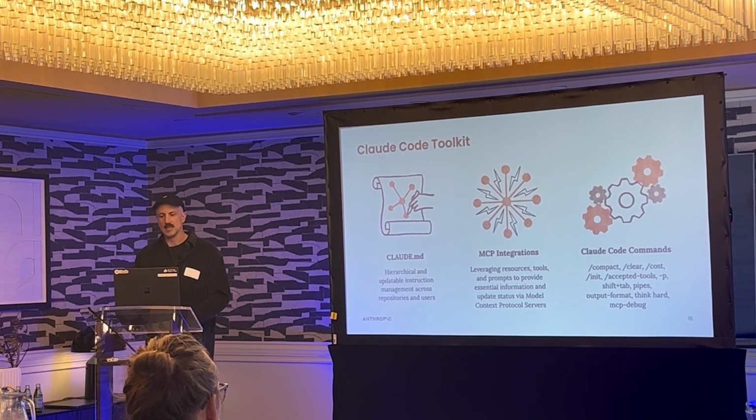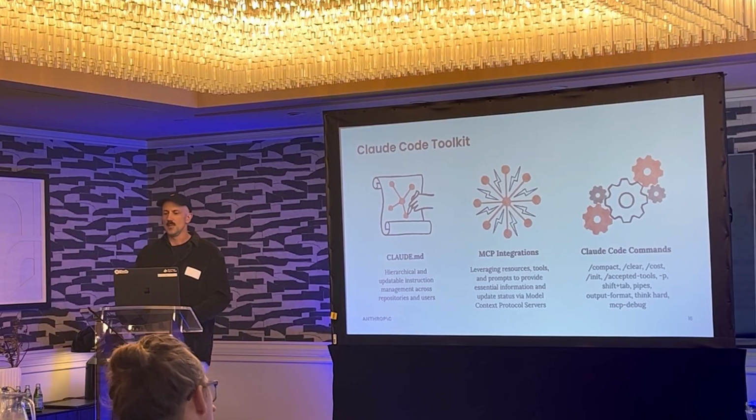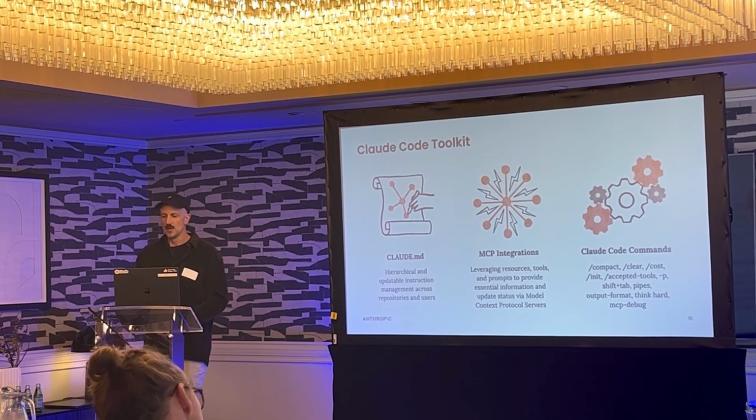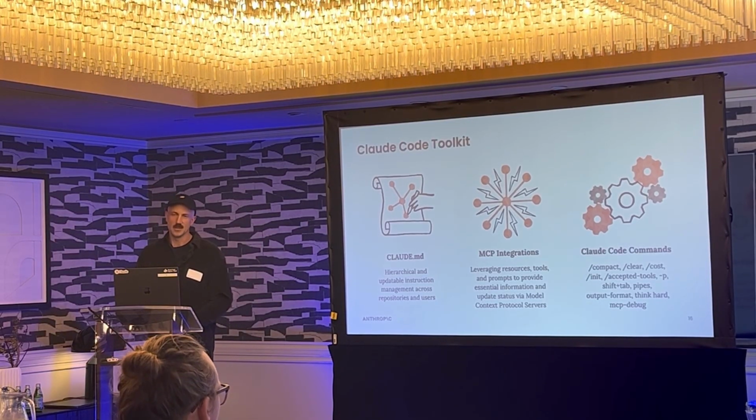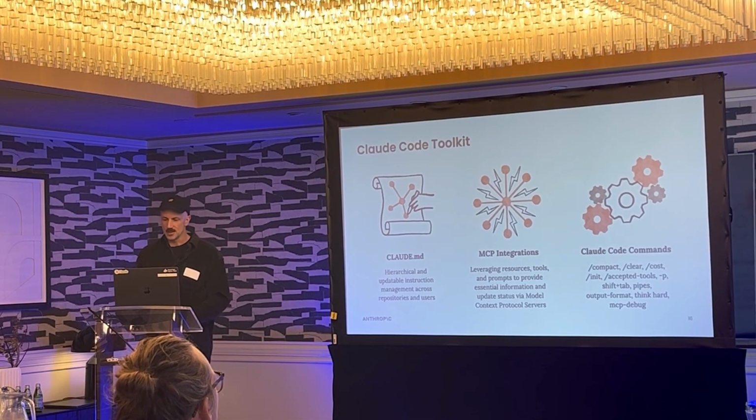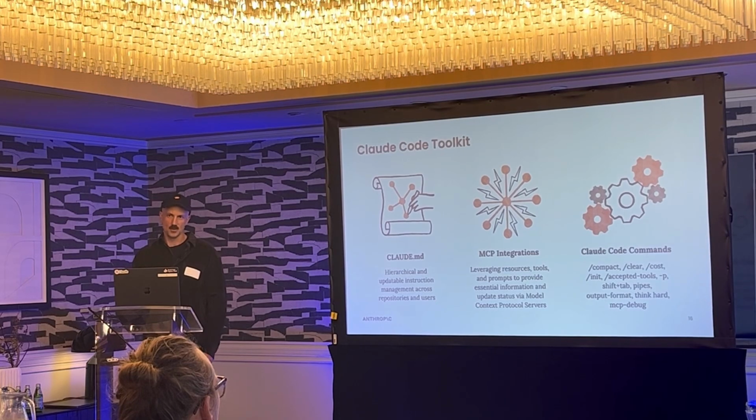And then lastly, slash commands are maybe one of the simplest ways to automate routines that you repeat often, like making Git commits or updating documentation. Commands and skills, which are very closely related, often provide the how to do things. They're essentially saved prompts or canned prompts stored as markdown files.